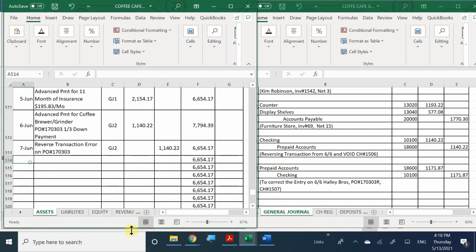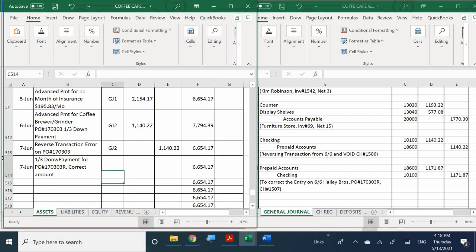Here, I'm going to indicate that this is the 1/3 down payment for PO number 17303R, since it's revised. It's up to you if you want to put your check number here, but I'm going to say correct amount, just to indicate it.